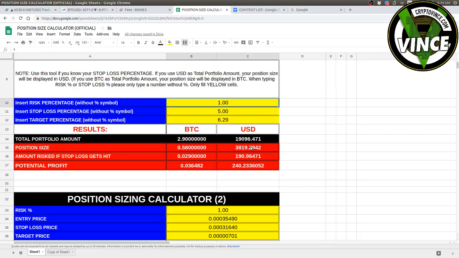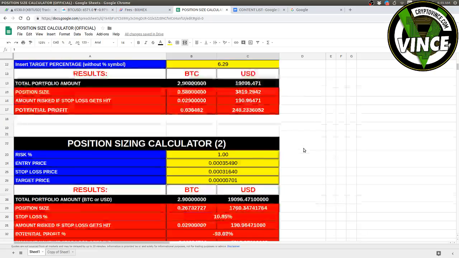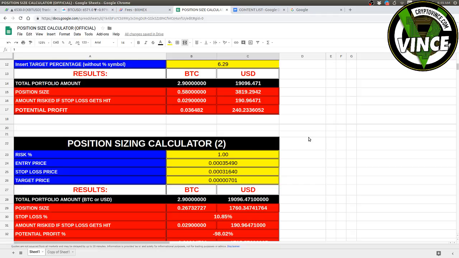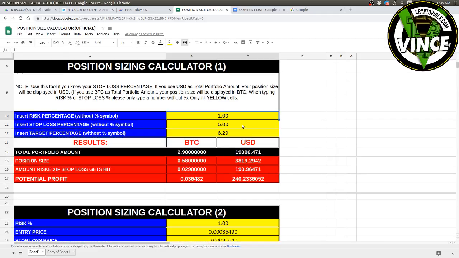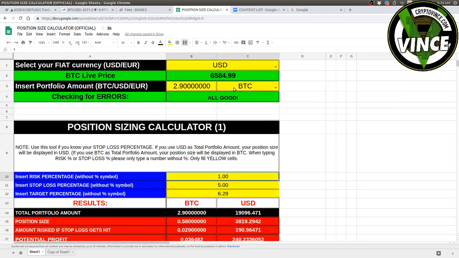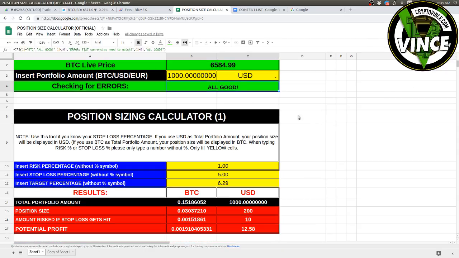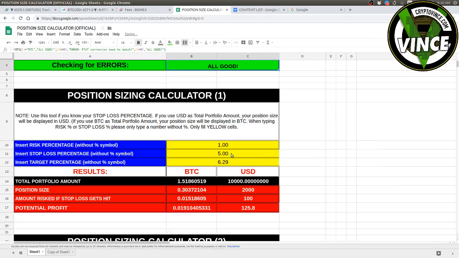Of course, in USD dollars, this is way easier to do. We can make a really quick example here. Let's make it really easy here so you guys understand. My portfolio is $1,000, right? Actually, let's make 10,000 right there.